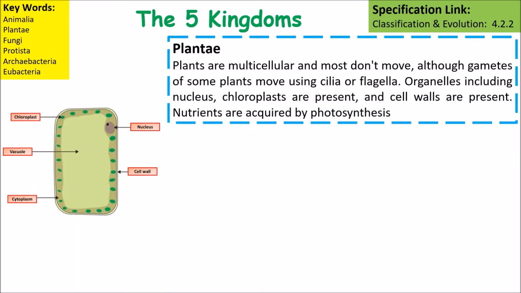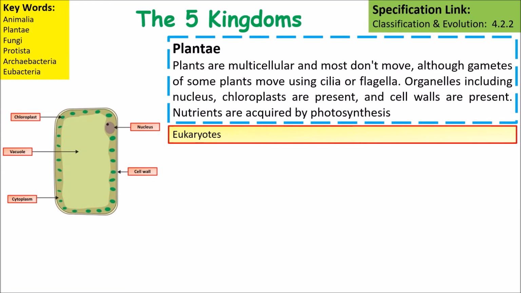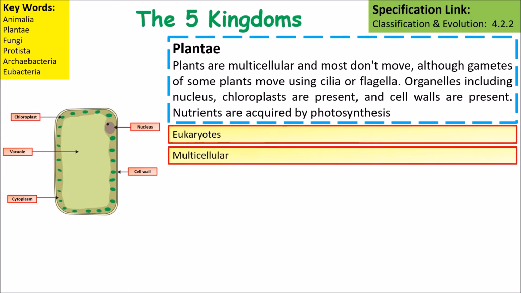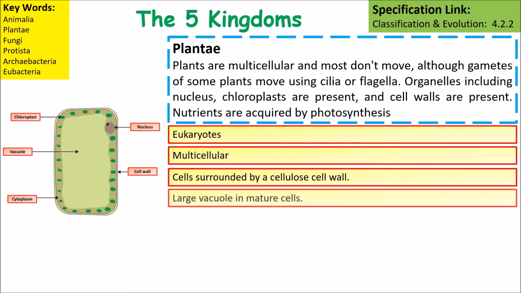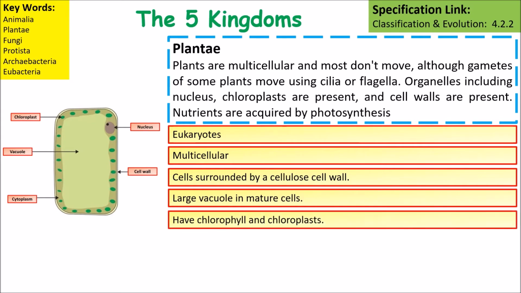Plantae, so plants, are multicellular and most don't move. They're eukaryotes, so they have a nucleus. The cells are surrounded by a cellulose cell wall. They have a large vacuole in the middle of the cells. They've got chlorophyll and chloroplasts.